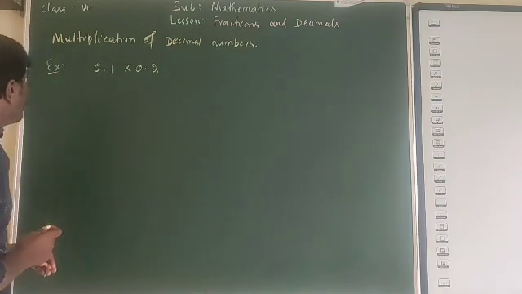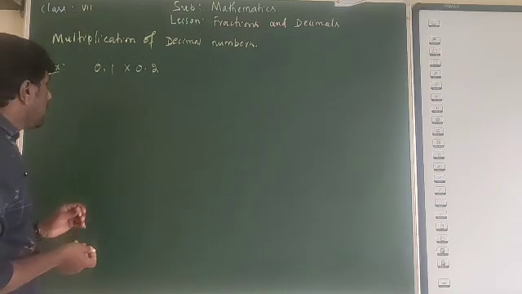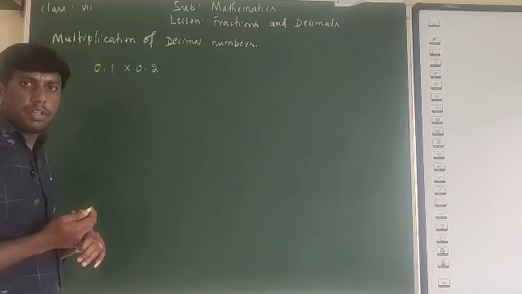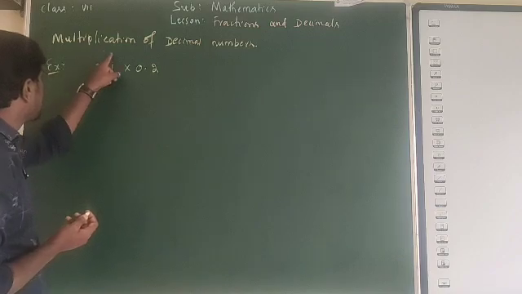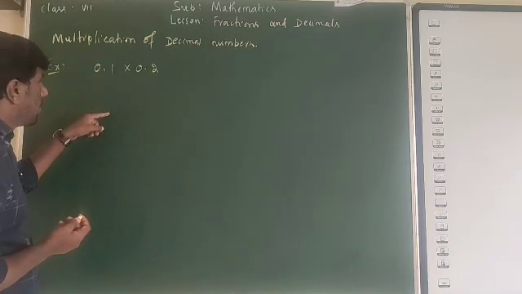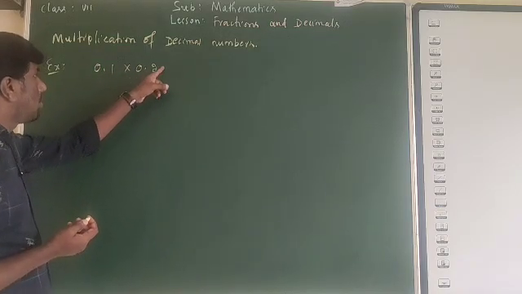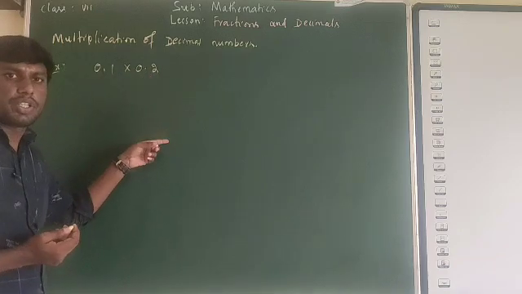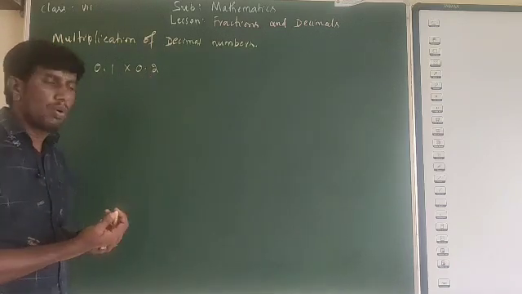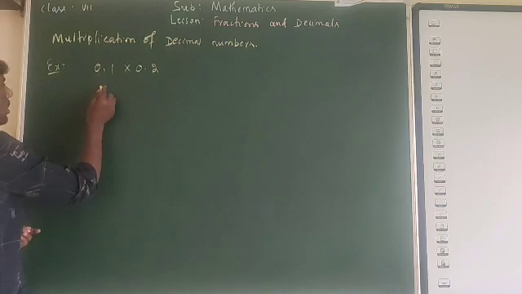The first method is to convert this decimal number into a fraction, and 0.2 is also converted into a fraction. Then we can multiply. How to write 0.1 in terms of fraction?